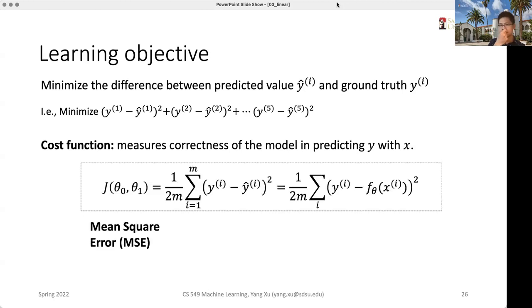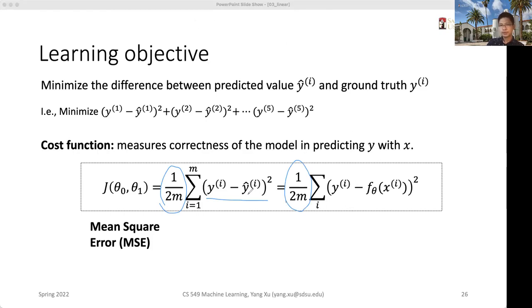It is a function that measures the correctness of the model when we predict y with x, right? If we write it more formally with thetas and yi and xi, it'll be a summation of a bunch of squares, and there is a normalization term here, 1 over 2n. We don't need to know why it's here, because later we will see its function.